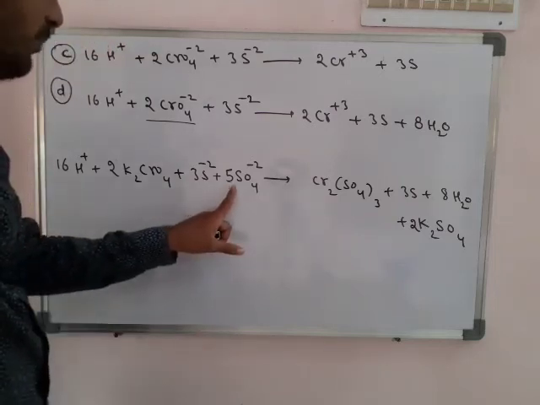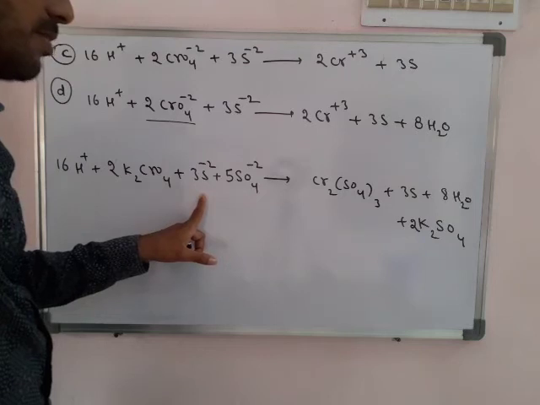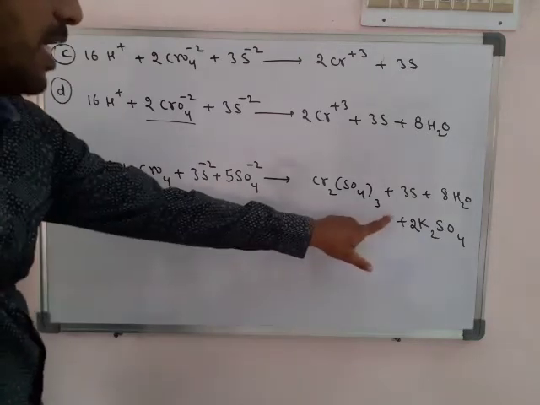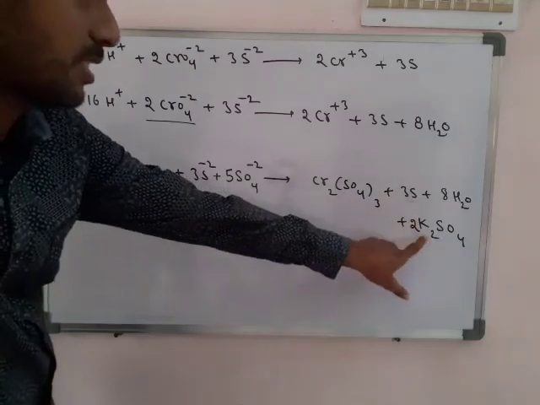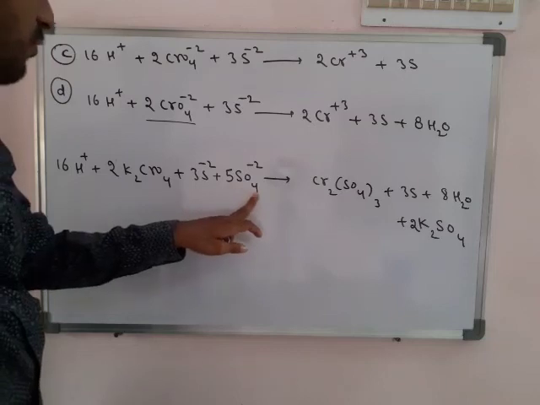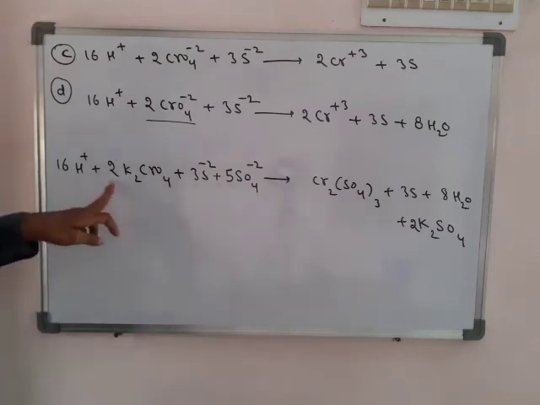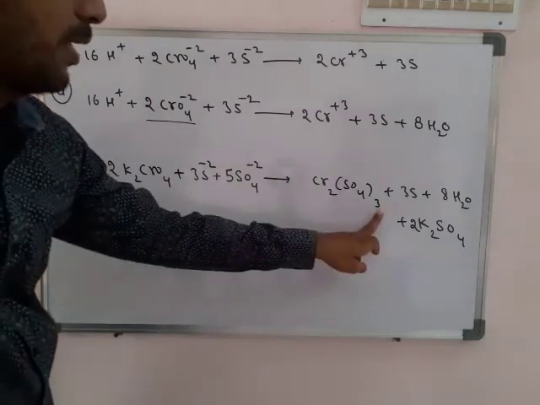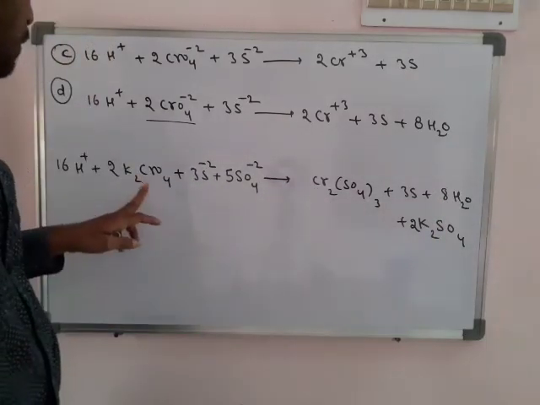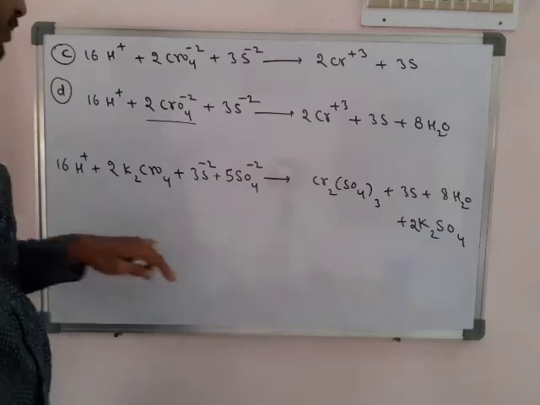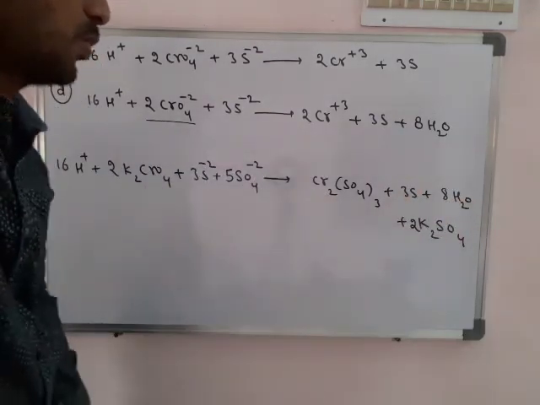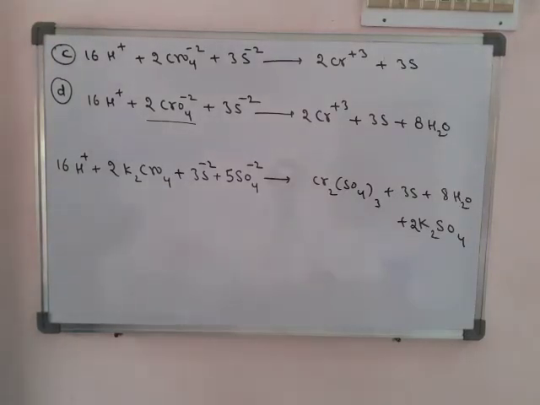Sorry, here 5 only, right? 5, 3, 8 sulfurs. 5 sulfurs, 3 sulfurs, 8 sulfurs. Here 3 sulfurs, 3 sulfurs, 6. Here 2 sulfurs, 8 sulfurs. Oxygen 28. Here 12, 8, 20, for today 28. Chromium 2, chromium 2. Hydrogen 16, 8 to the 16. So it is balanced. So this equation can be written.